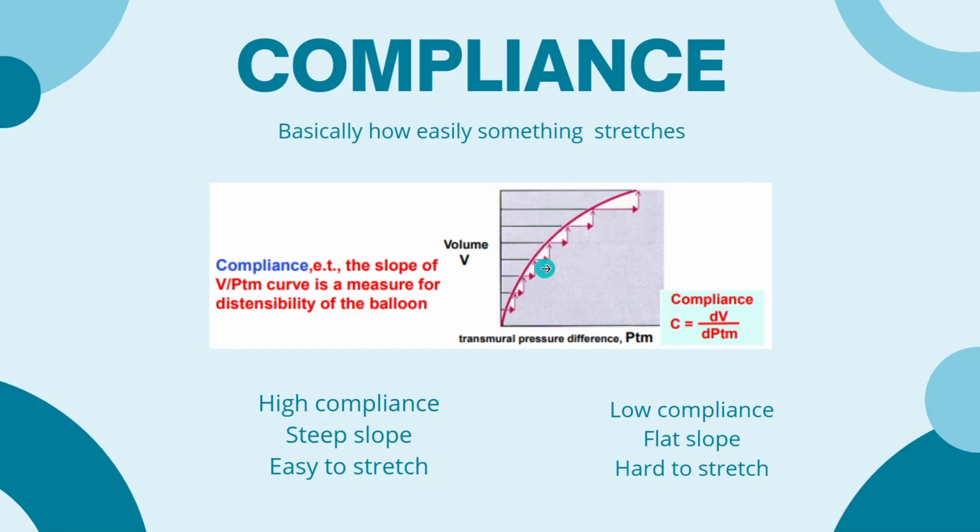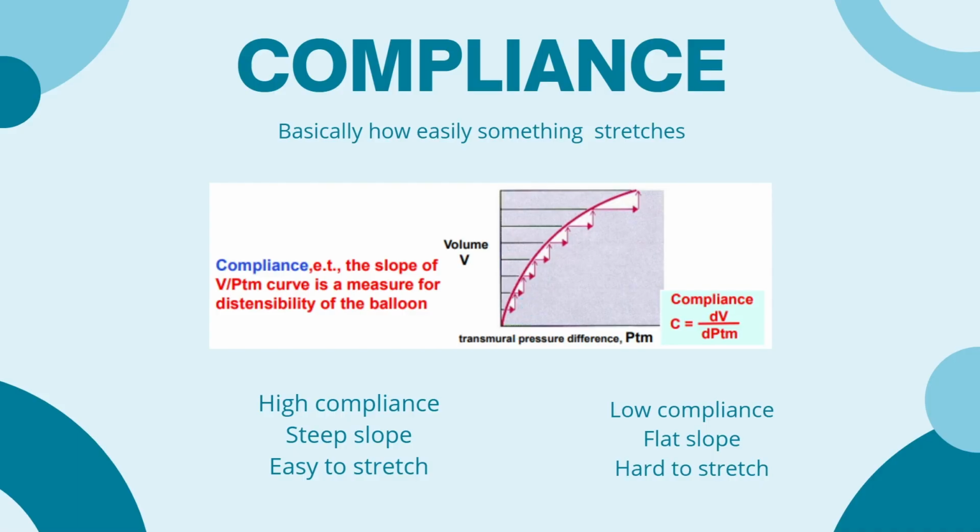Now, what you notice in the steep slope is while the change in volume is the same all throughout, the change in pressure required for that change in volume increases over time. So in the steep part of the graph, you'll need a very small amount of pressure to cause a change in volume.